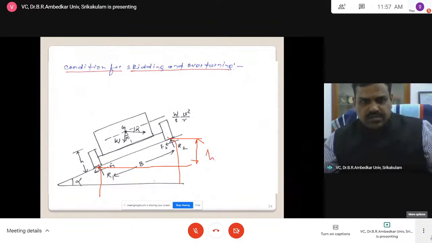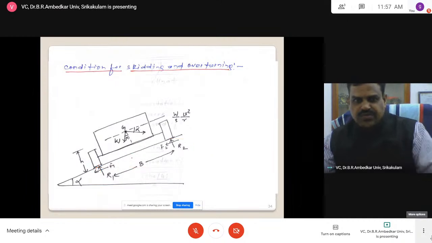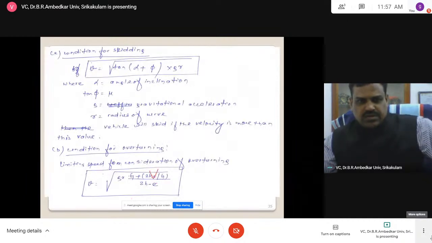This is the height and this is the base E. From this find out alpha again. And from the geometry, we can use H, E, G, R, and that parameter will be considered. Same velocity as in the vehicle turning case.